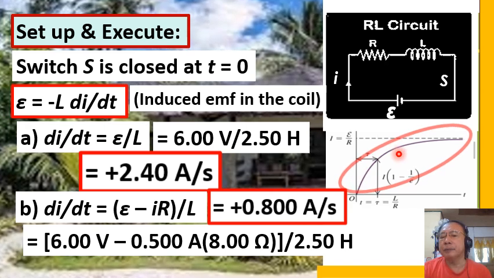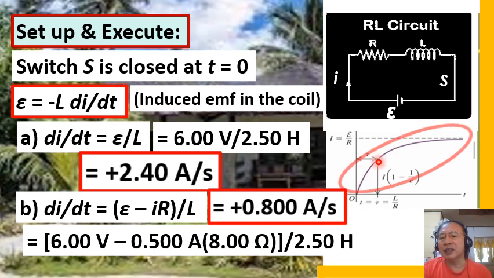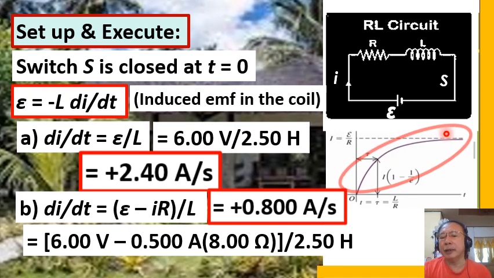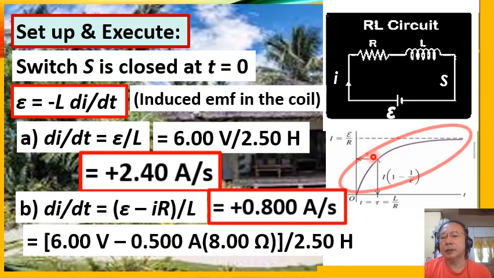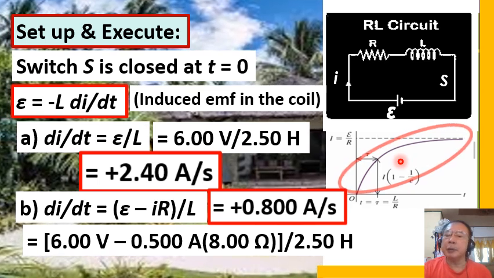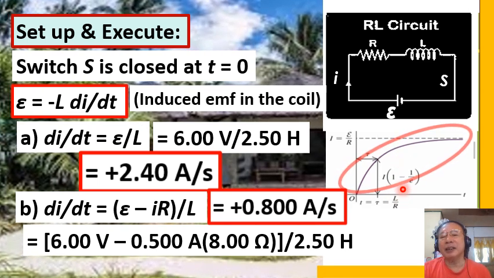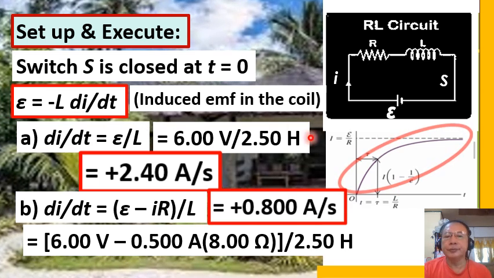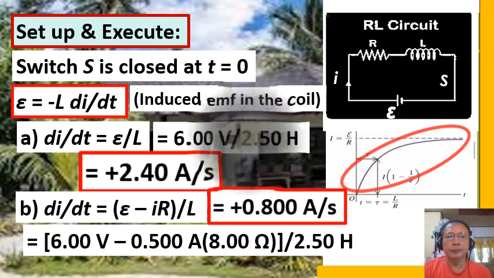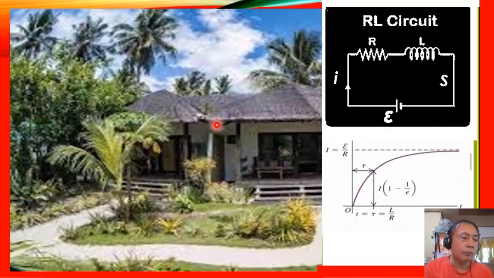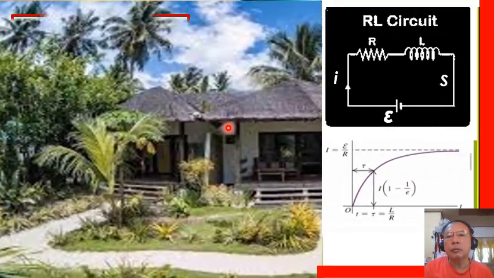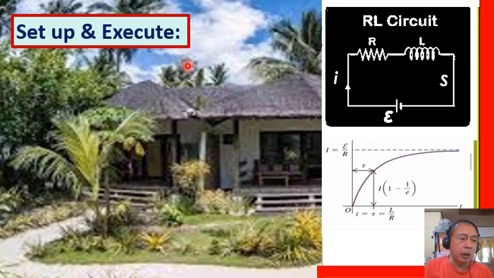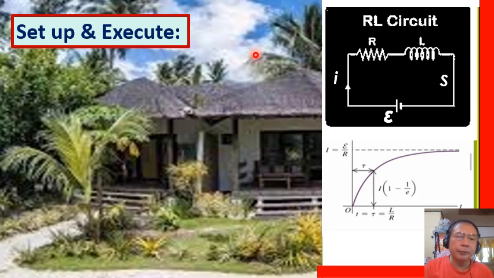The slope of the curve is not constant, but it is sloping downward to the right. This simply means that the rate of increase in the current is decreasing, as shown in the graph.